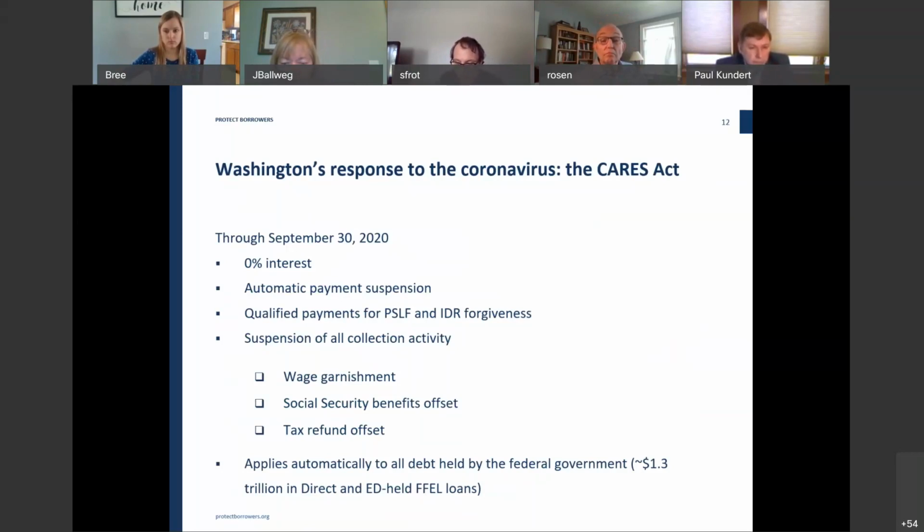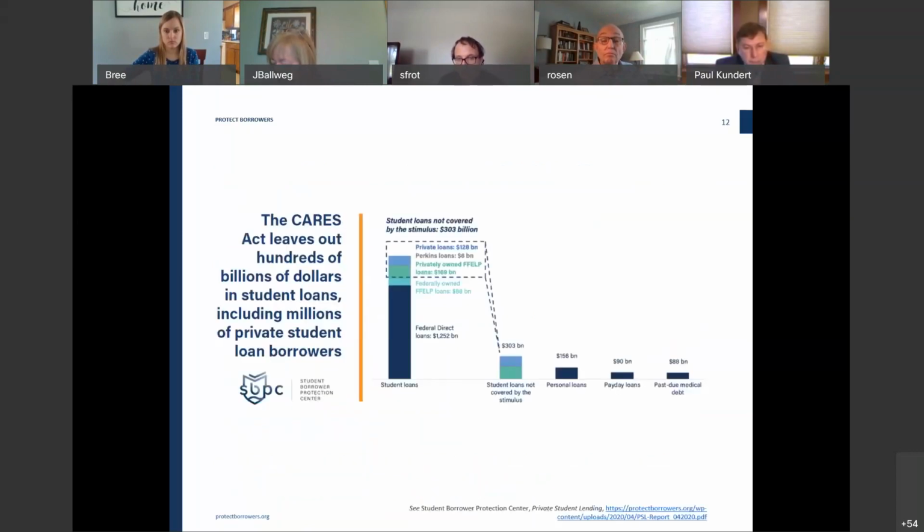So here are the issues that I think you are forced to still grapple with. The first is that there is over $300 billion of outstanding student loan debt that was not touched at all by the passage of the CARES Act and the executive branch action. It doesn't touch any private student loans.